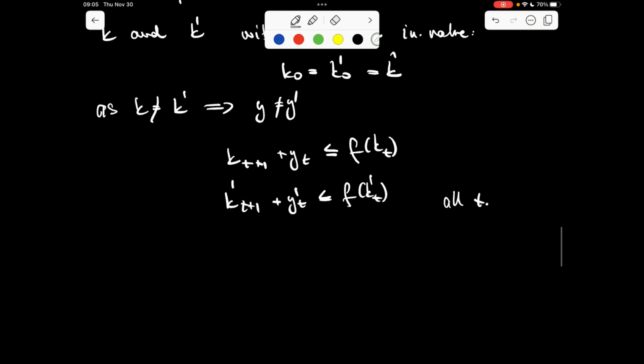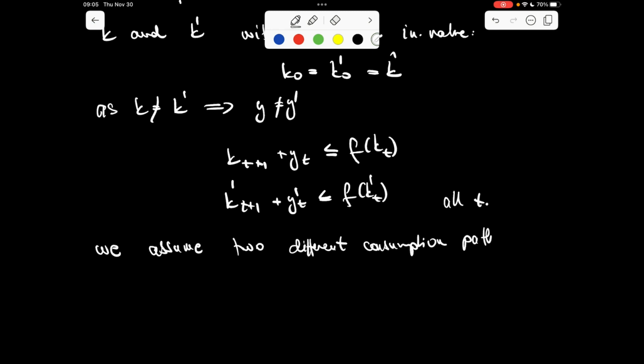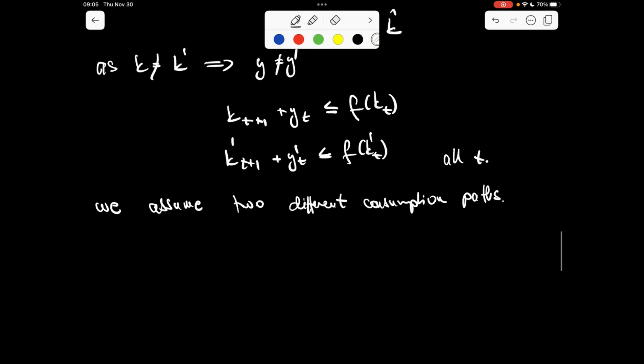So we assume 2 different consumption paths. All right. So we have y and y prime, two production paths.